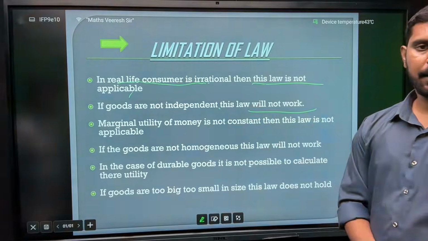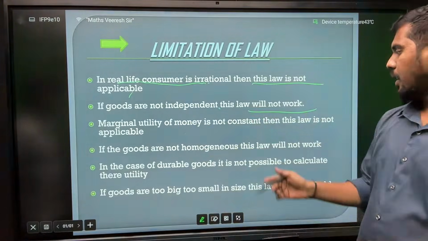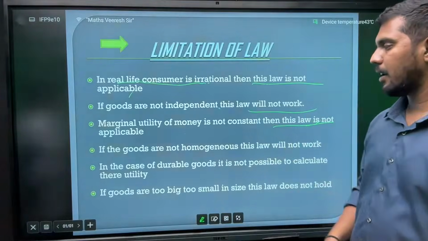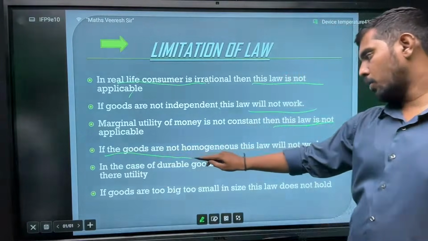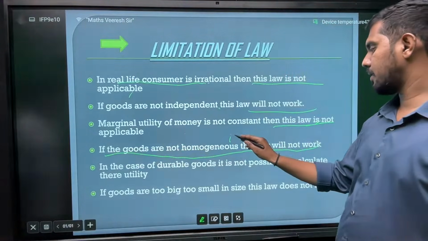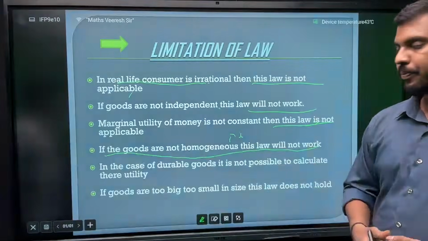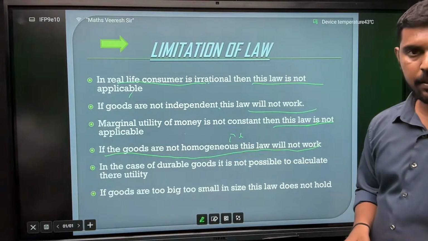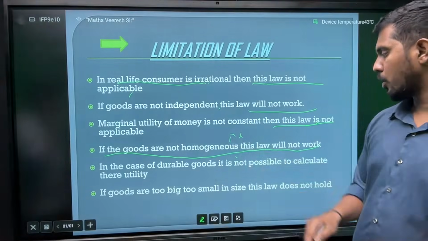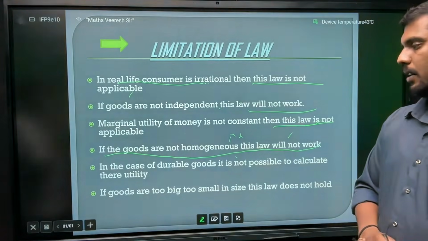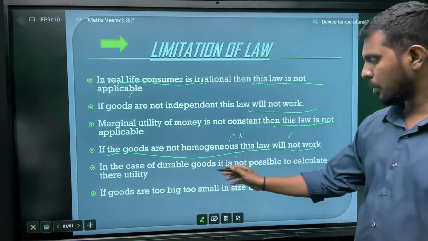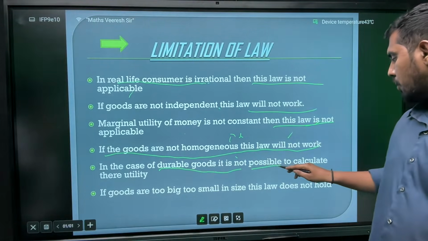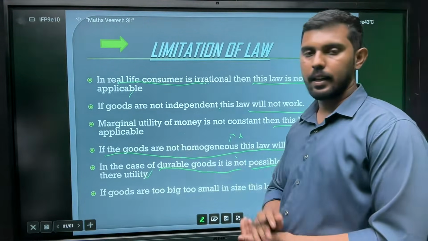Marginal utility of money should be constant. If it is not constant, the law will not be applicable. If the goods are homogeneous, nothing but the same color and same size; if goods are not homogeneous, the law will not work. In the case of durable goods, it is not possible to calculate the utilities.